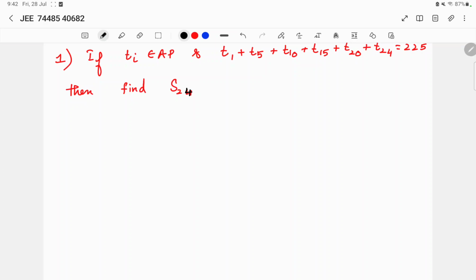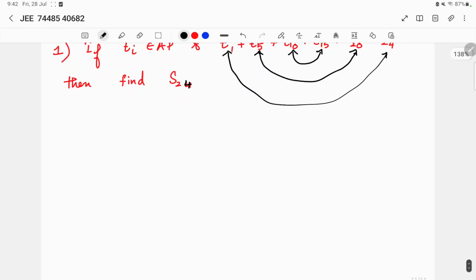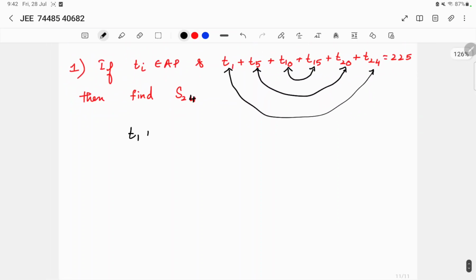Now just see this one. The lower suffixes 1 plus 24 is 25, and here 5 plus 20 is also 25, and here 10 plus 15 is also 25. I told you, if the sum of the lower suffixes is the same, then T1 plus T24 will be the same as T5 plus T20, equal to T10 plus T15.